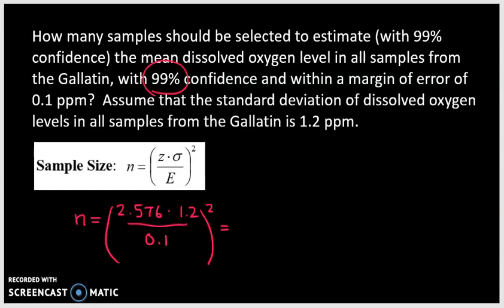So when you put that in your calculator, which I'm going to do right now, I'm going to take 2.576 times 1.2, and then I'm going to divide that by 0.1. That gives me 30.912.